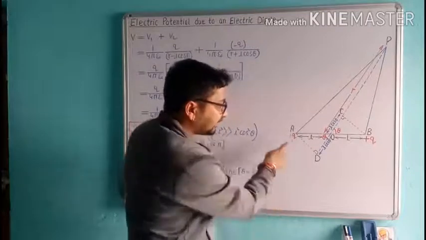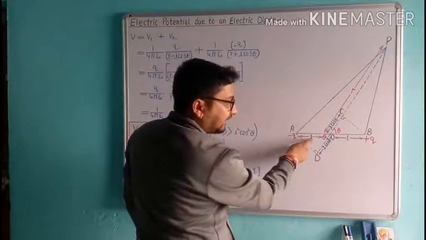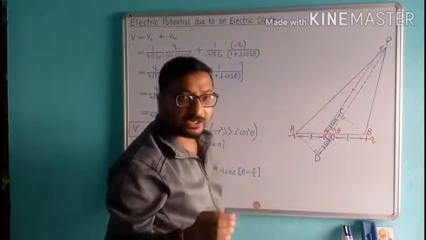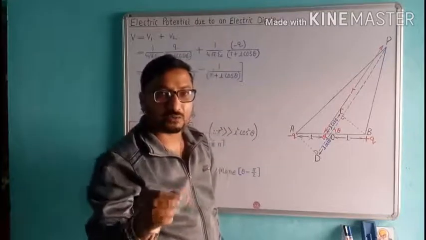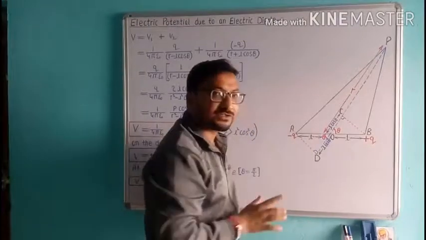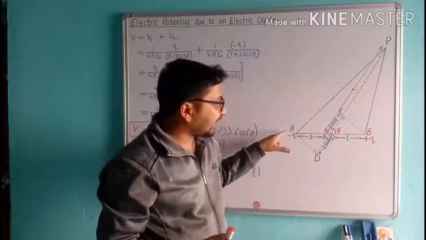Similarly, in triangle ADO, this is length L, this is angle theta, this is 90 degrees, and again using cos theta is equal to base upon hypotenuse, we get the length of OD is equal to L cos theta.